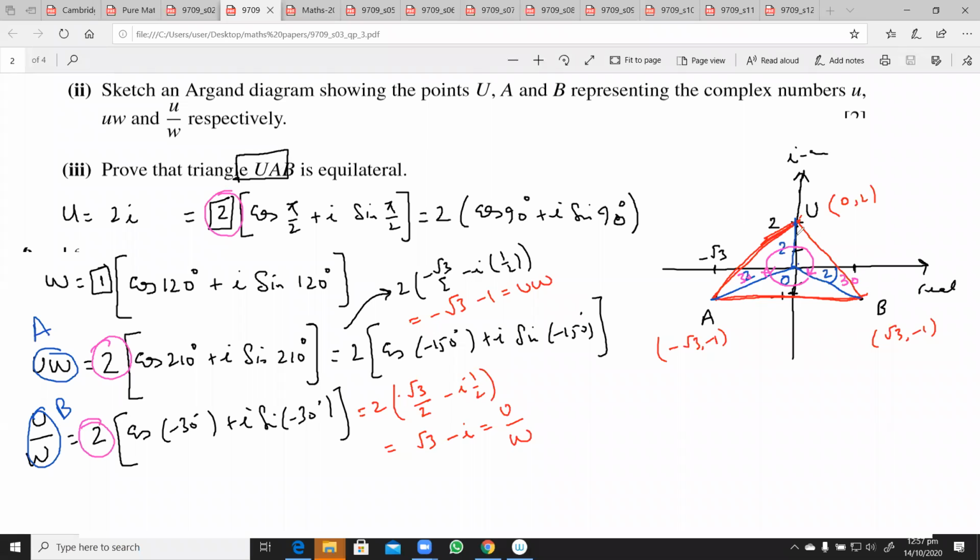And the angle between these lines meeting at the center is 120, which is the angle of rotational symmetry of an equilateral triangle.